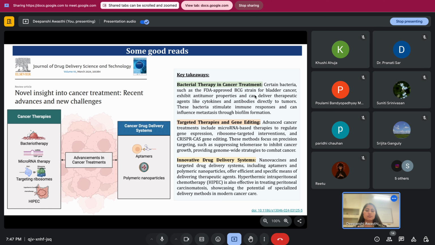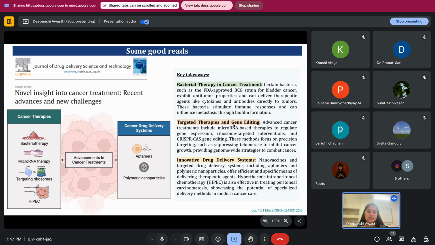You can give the drug through the BCG strain, and that particular bacteria will go to the particular tissue and release the cytokines and antibodies to the tumors to stop the tumor, acting as an anti-tumor agent. This bacteria will stimulate the immune response and can influence metastasis through biofilm formation.